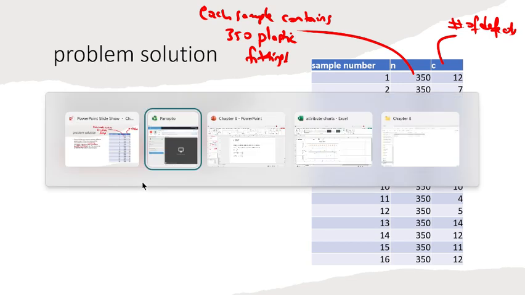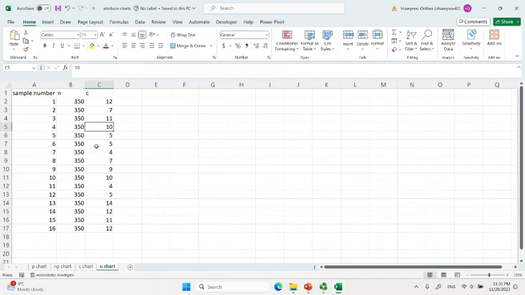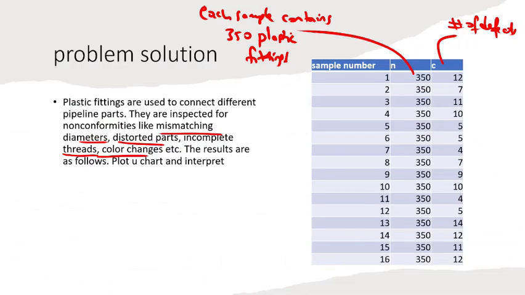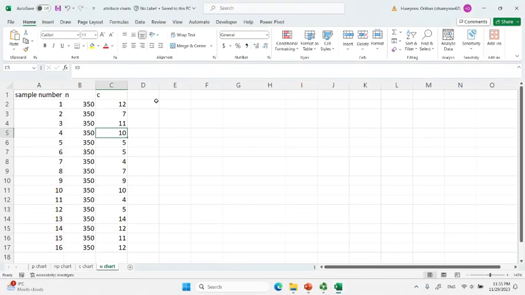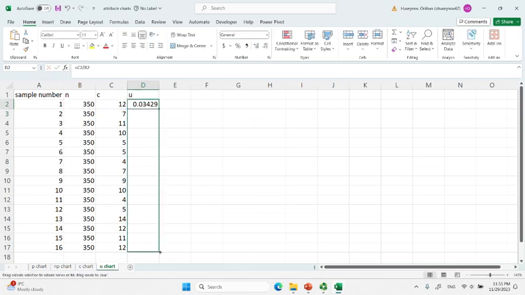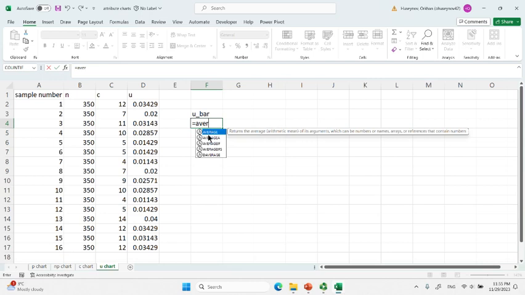Let's go to our Excel sheet for the U chart, and these are the values. First I will start with the U value, which is C divided by n, the number of defects over the total number of parts. Then the U bar value will be the average of these U values.